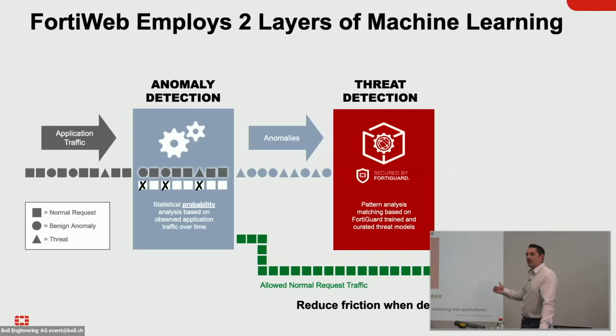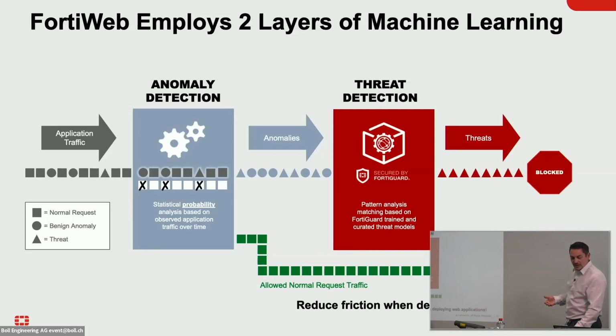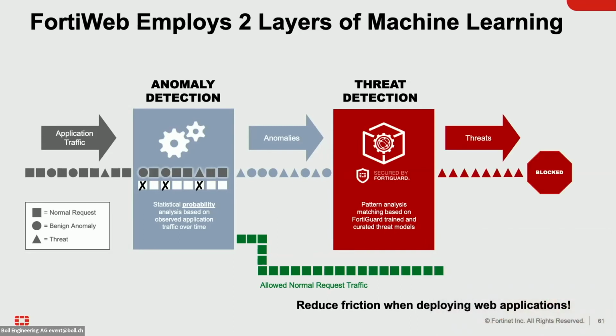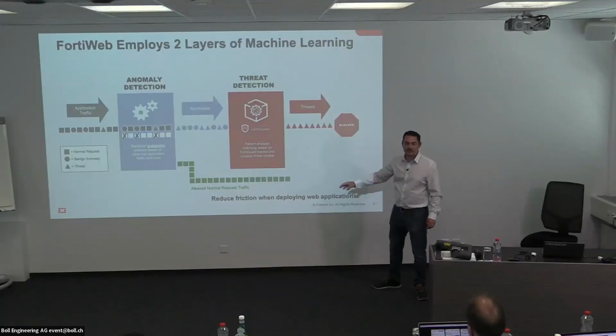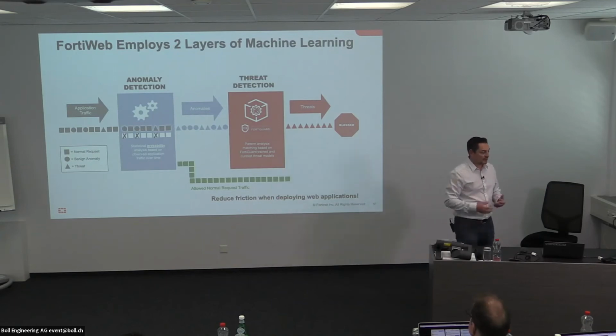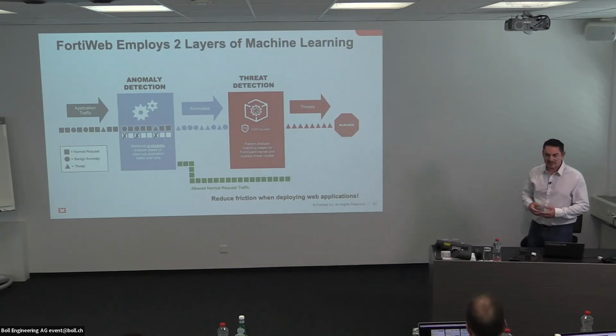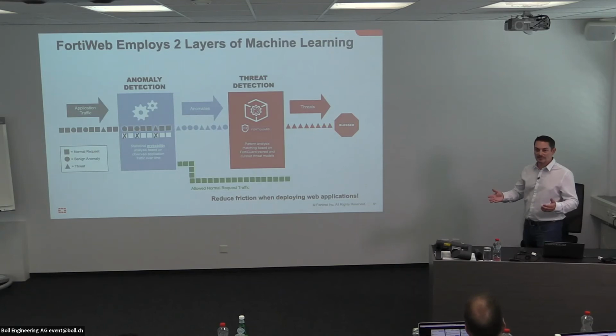It could be known anomalies, which we block automatically, or we use pattern matching with machine learning to build the model and block only the threat part of the request. This means that if a user just makes a small mistake, it should not reinvent the model.